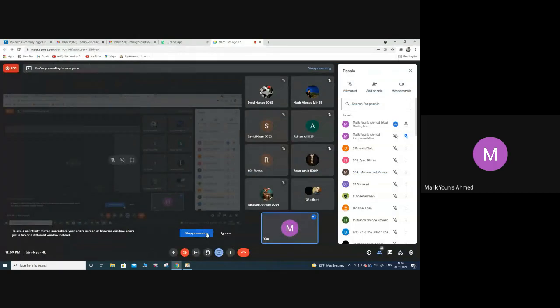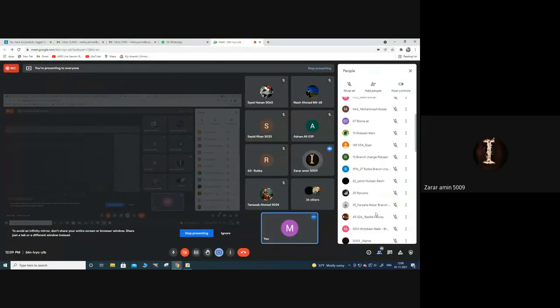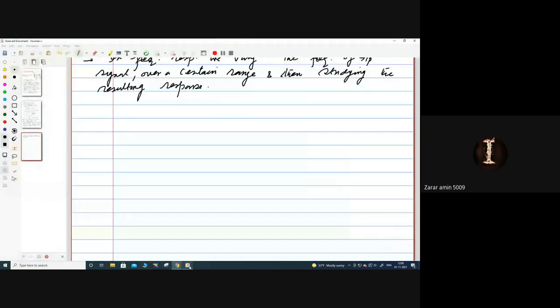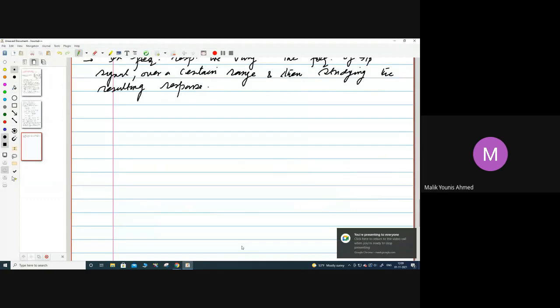Roll number 9, is it clear? Yes sir, clear. Okay. Next is the polar plots.